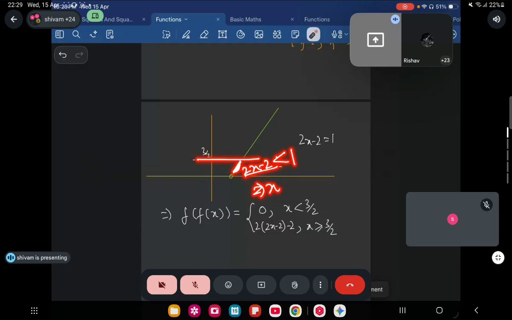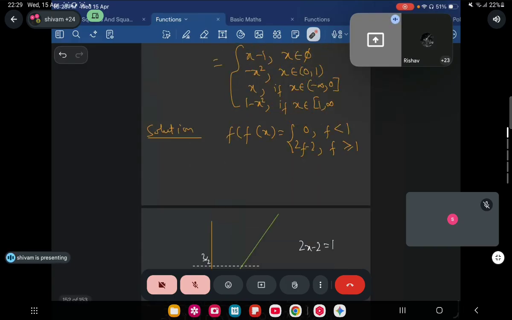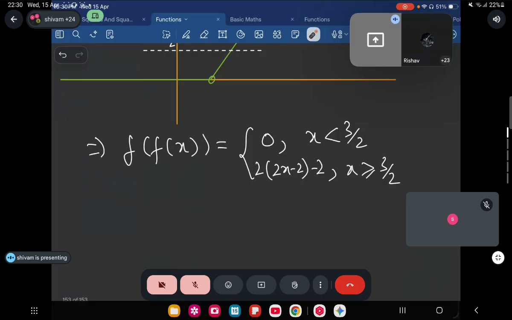So over here, x is less than 3 by 2, isn't it? So for all x less than 3 by 2, what are we getting? 0. F of x is less than 1. Now is it clear? If you still haven't understood, tell me, I'll explain again. Yes, I got it.